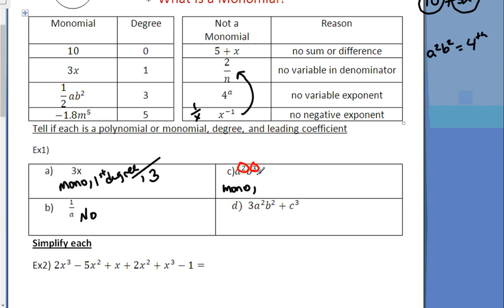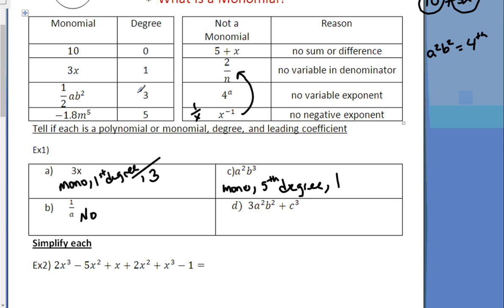So 2 plus 3 is 5, so it's a fifth degree equation. Then what do I have to do? I then have to figure out what the leading coefficient is. Well, what number is in front of the A? A 1. Pretty easy, right? All right, next one.